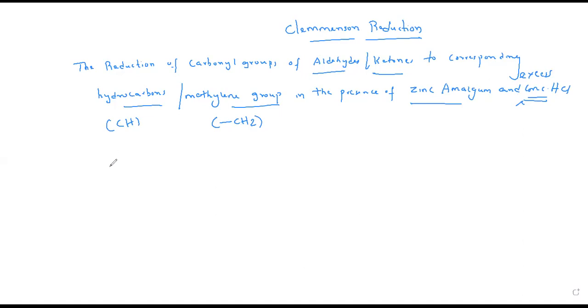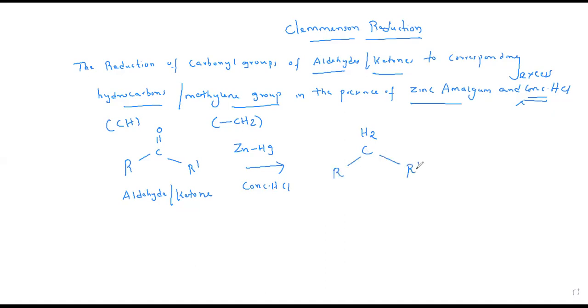So if you see the general reaction of Clemmensen reduction, you can take any carbonyl compound, whether it is an aldehyde or a ketone, doesn't matter. This I'm going to react with zinc amalgam in the presence of concentrated HCl. So you are going to get CH2, where generally R represents your alkyl groups here.